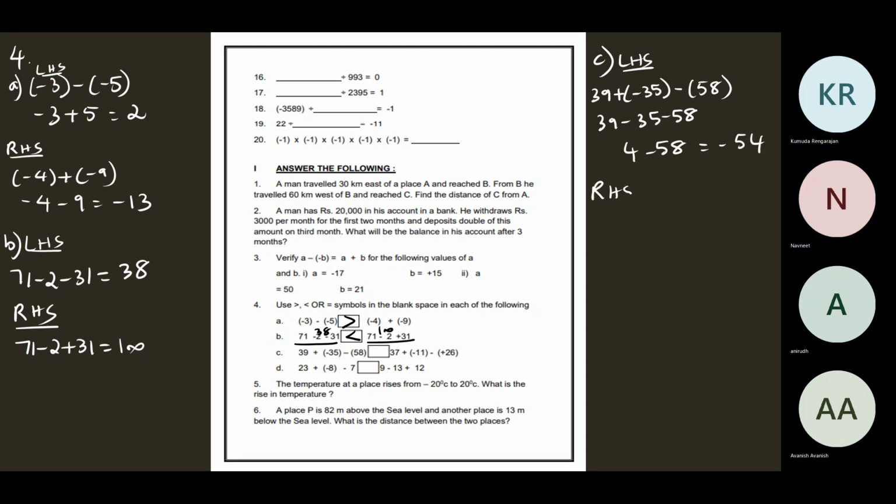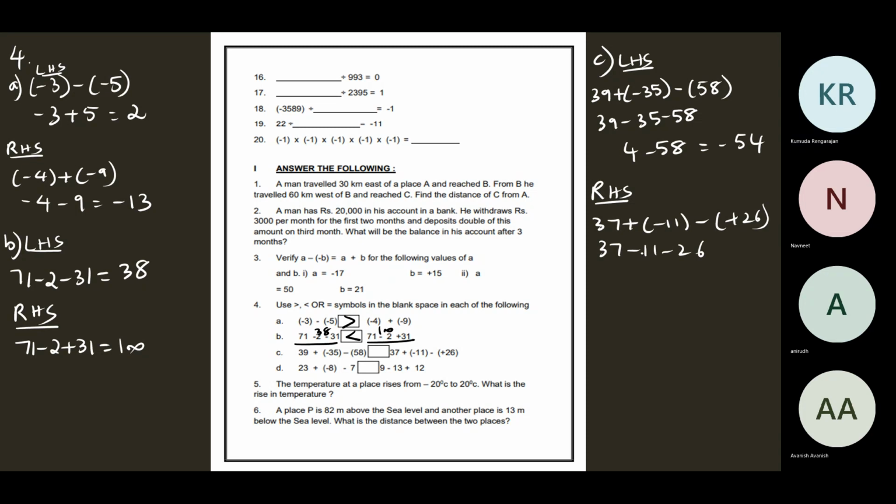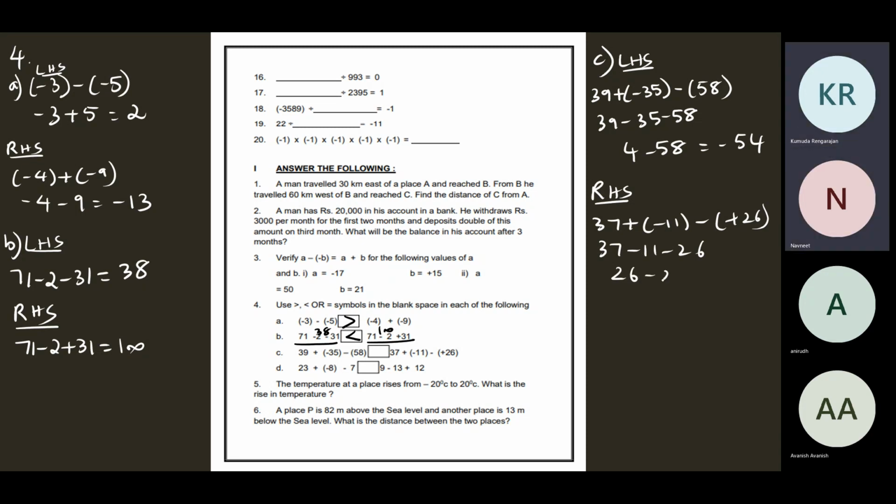RHS: 37 plus minus 11 minus plus 26. So it's 37 minus 11 minus 26. 37 minus 11 is 26, minus 26, which is 0.